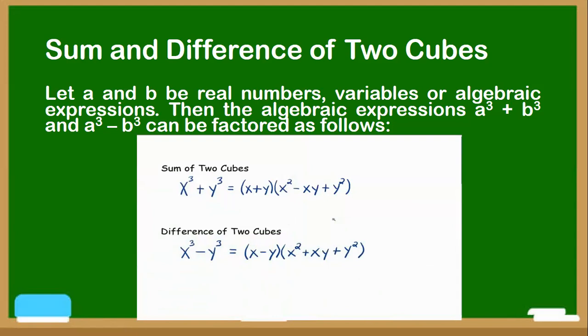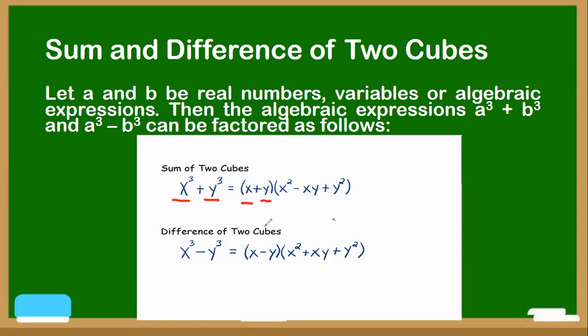So the first step is to get the factors of x cubed plus y cubed. First, you need to get the cube root of x cubed, which is x, and the cube root of y cubed, which is y.